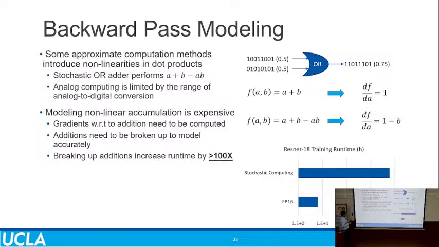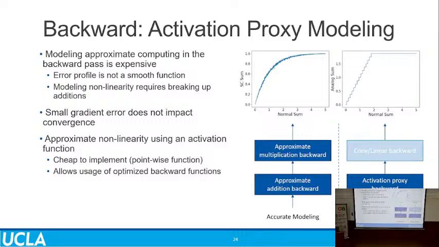So what we do is what I showed here. We create a proxy activation to model this nonlinearity, and that proxy activation is custom designed to the nature of the approximation. In the case of stochastic computing, it turns out to be something that looks like 1 minus e raised to the power minus something.